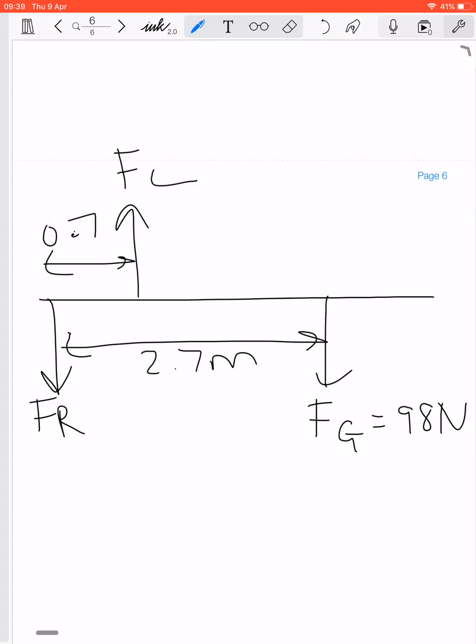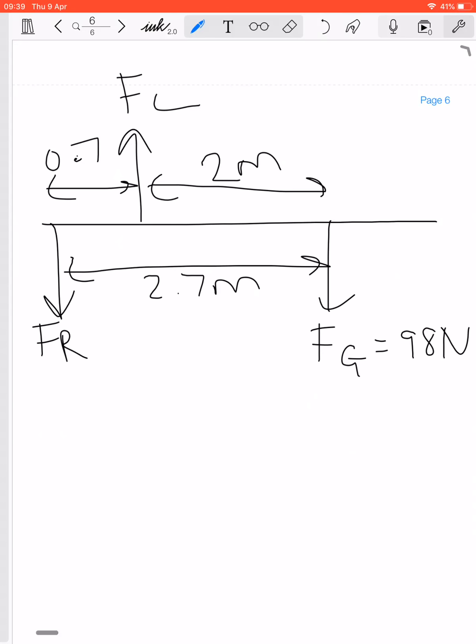I'm immediately going to fill in the blanks. I can now figure out that this is 2 meters by subtraction. And your FL and your FR are unknowns, and those are what we're looking for. So for part A, they want you to calculate the force FL. That's what we want. Now, we know that if you've got 2 unknowns in an equation, you cannot do it, okay?